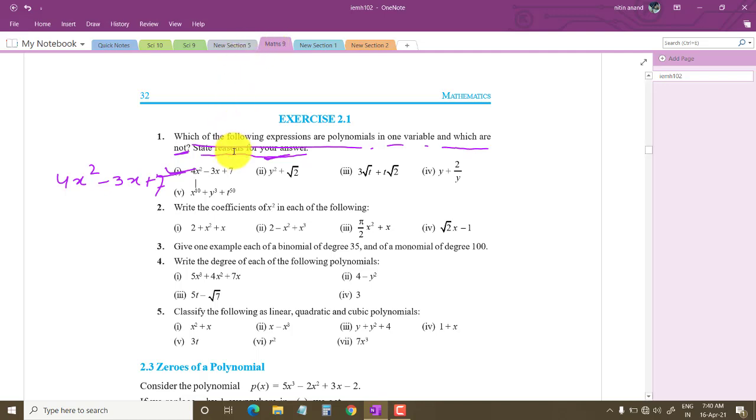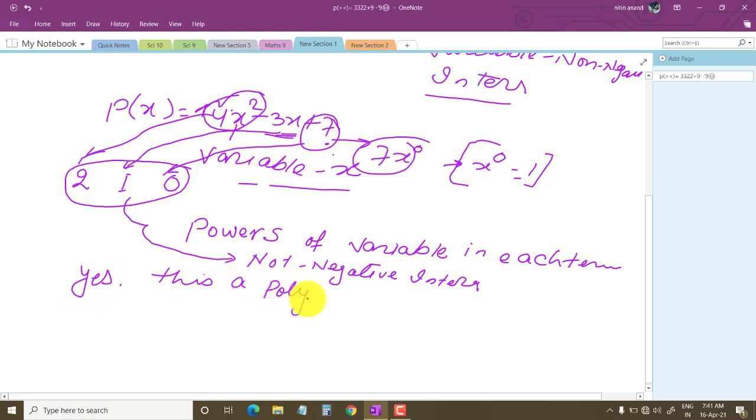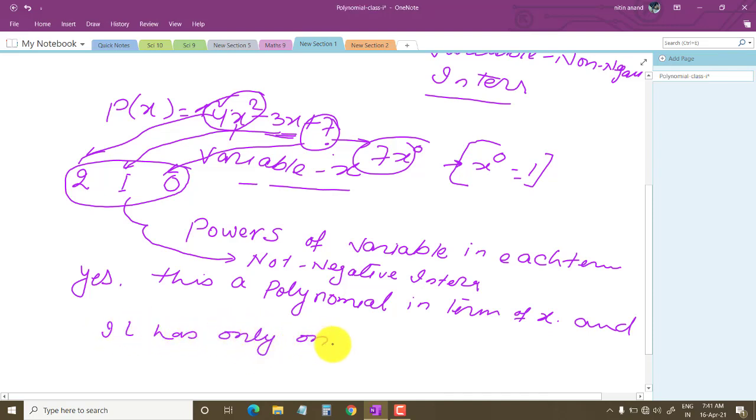So the answer we will write: yes, this is a polynomial in terms of x, and it has only one variable.